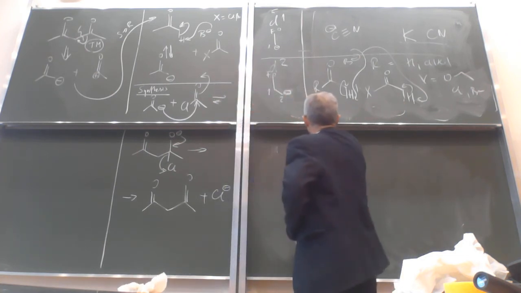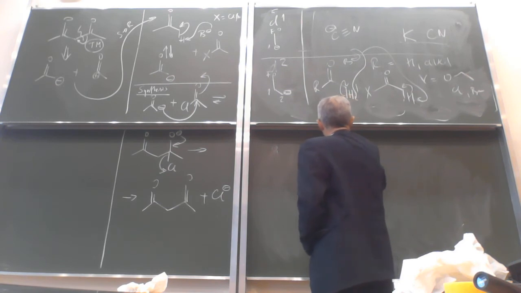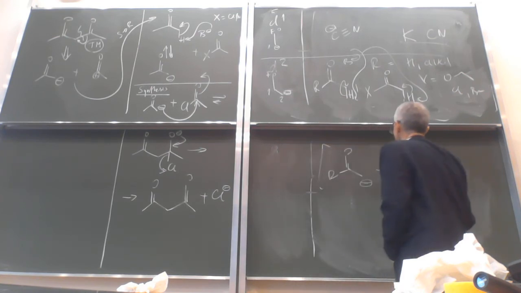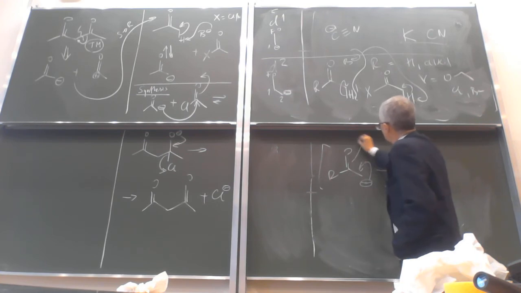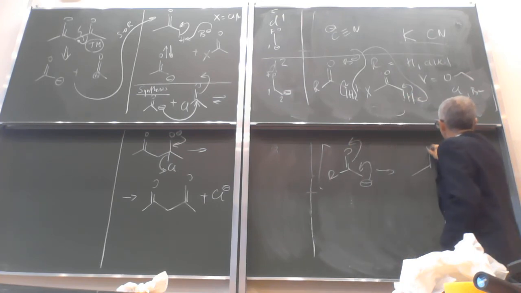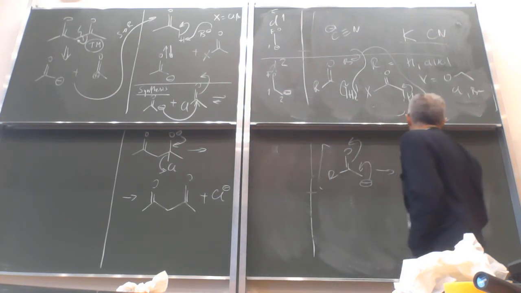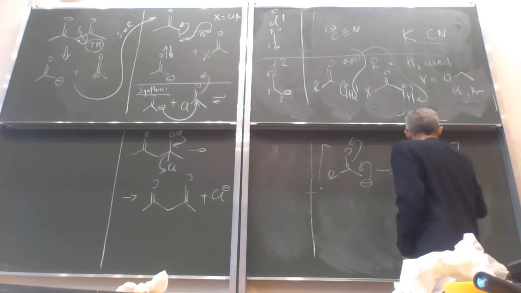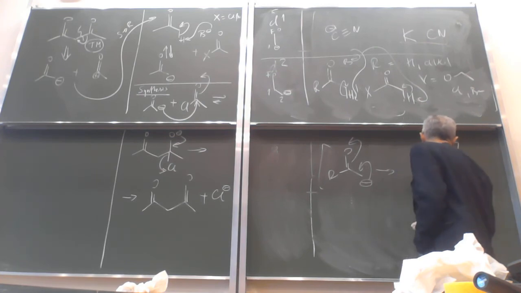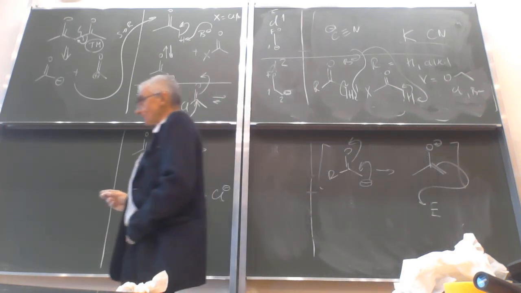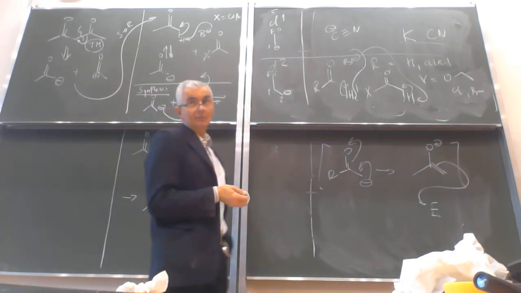So by mesomeric structures, and let's say we would have such kind of minus, which could be we could draw such a and basically then what we will have is the reaction with electrophile to form, in particular, carbon-carbon bonding.